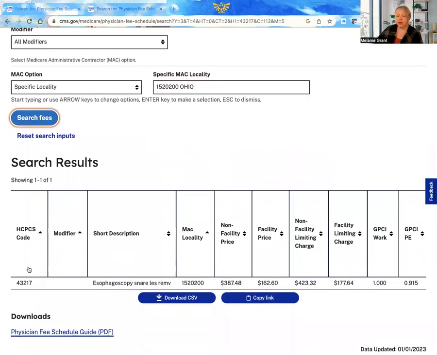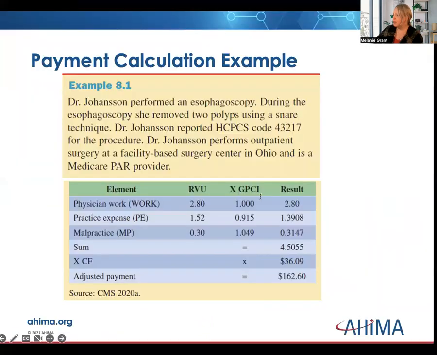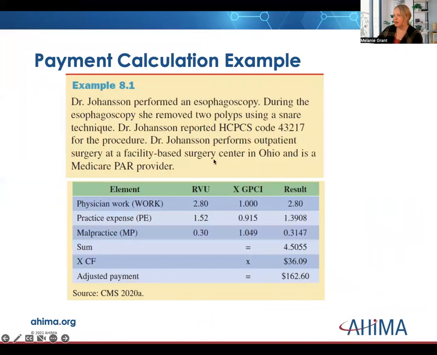For the CPT or HCPCS code, we can see the code here and the procedure, and we would want to always make sure that the short description matches what we think we're pulling up to make sure we didn't have the wrong thing. I can see here that there is a non-facility price of $387 or a facility price of $162.60. When I go back to my PowerPoint, I see the same information was pulled up and finally adjusted as $162.60.